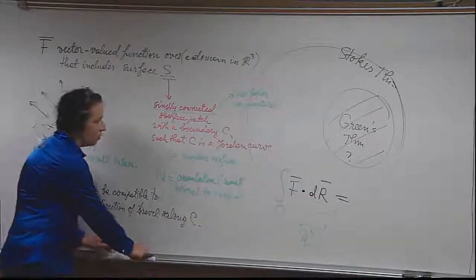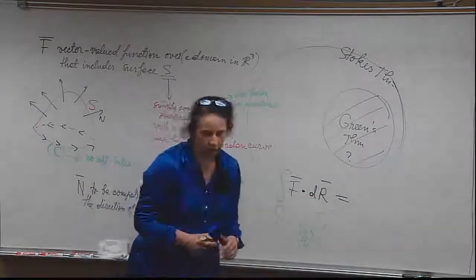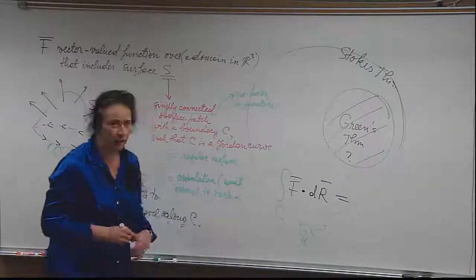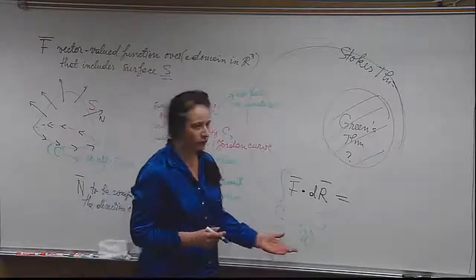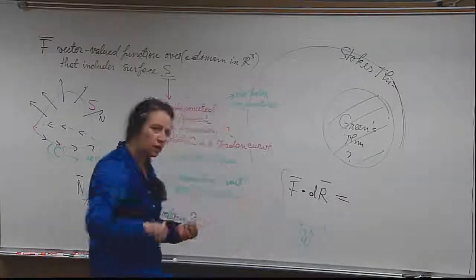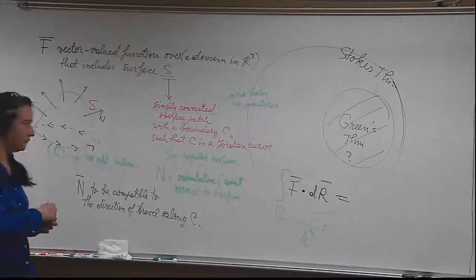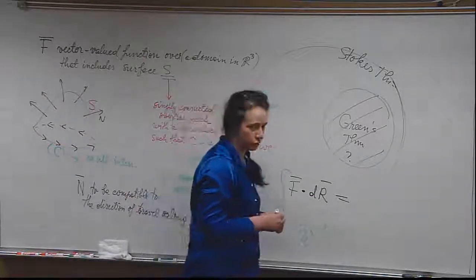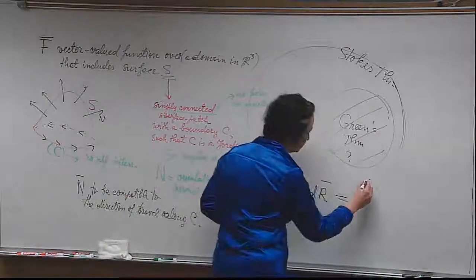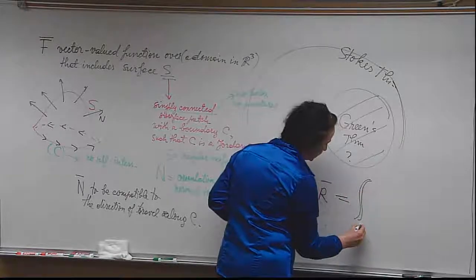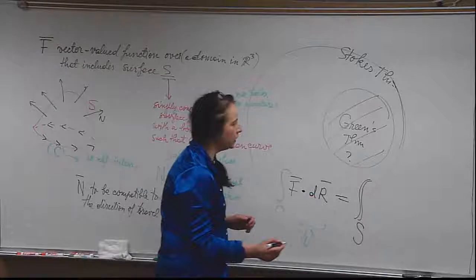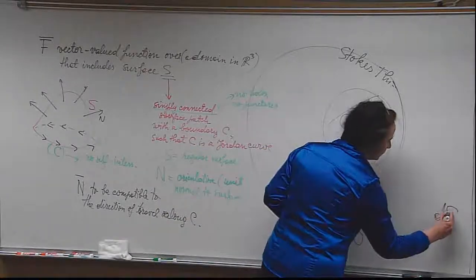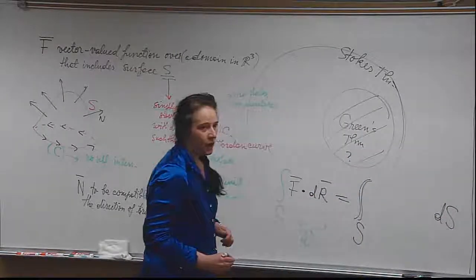All right. So you may hear math majors saying they don't care. They don't care because they are not engineers or physicists, but work is very important. The work along the curve will be equal to, now comes the beautiful part, the double integral over the surface with respect to the area element dS.